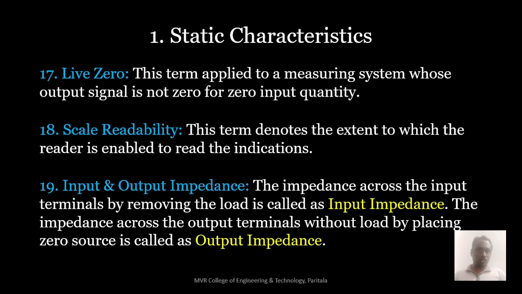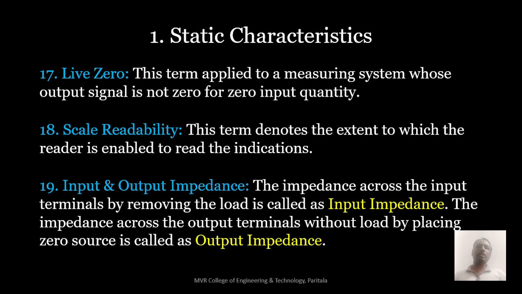So what will be the output impedance? In the previous case we removed the source as well as the output, but in this case we have to make the source zero. Zero source means, for a voltage source we have to make a short circuit, and for a current source we have to make an open circuit.